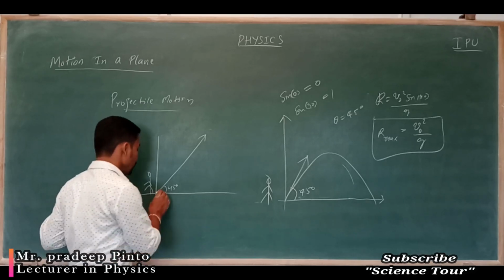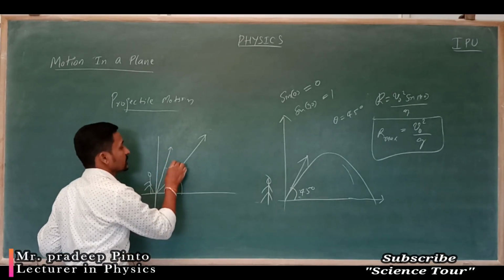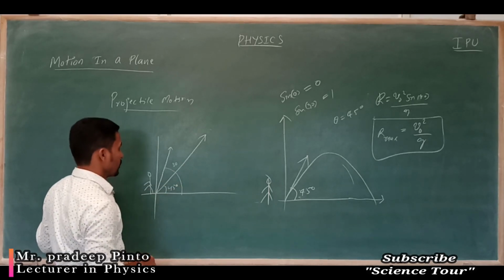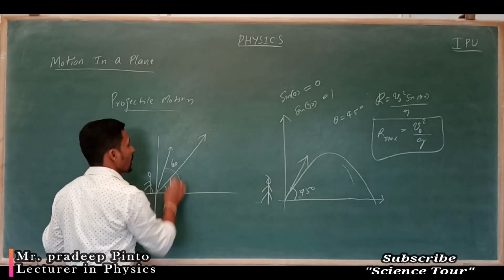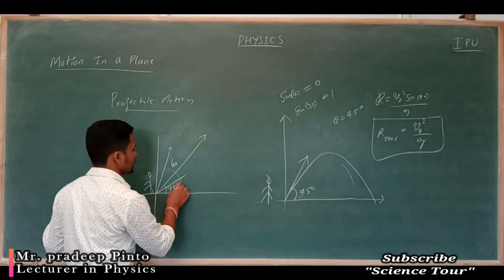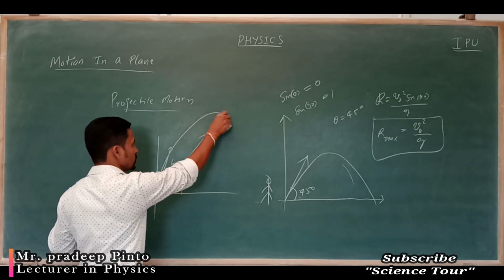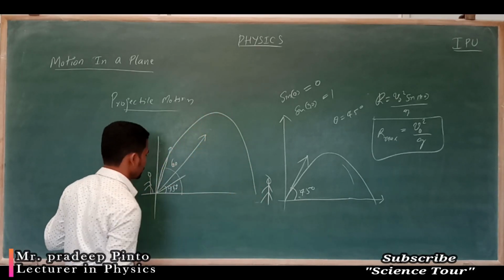But you throw with 30 degrees. Sorry, 60 degrees, and your friend is throwing with an angle of 30 degrees. Though it is the same velocity, it will go this way and it will move here.